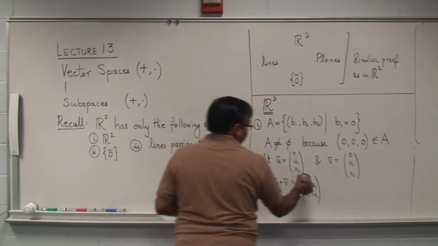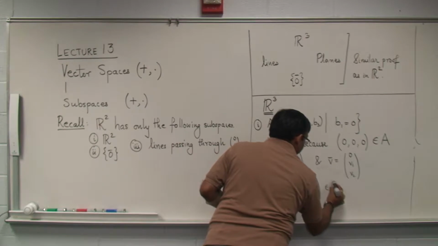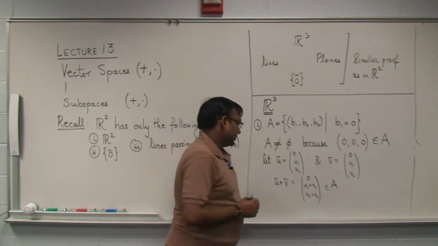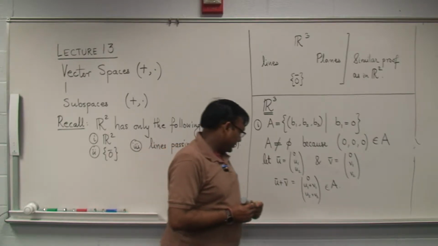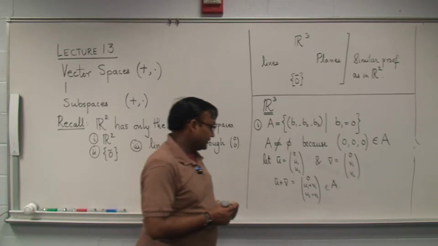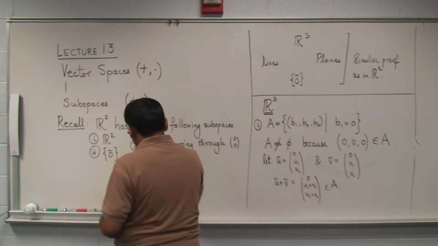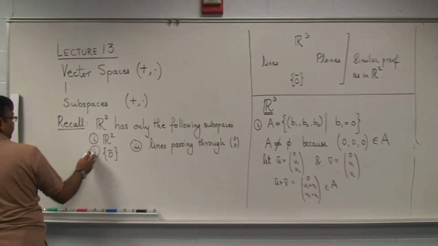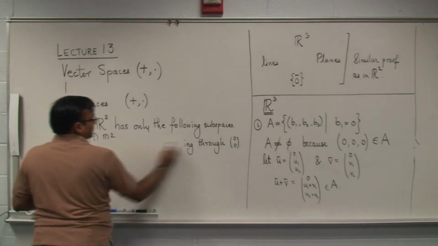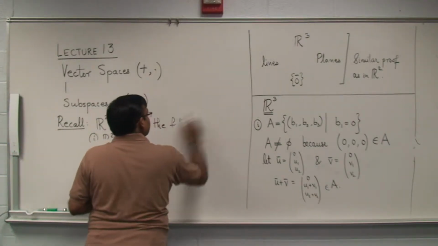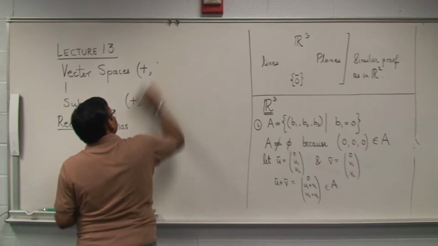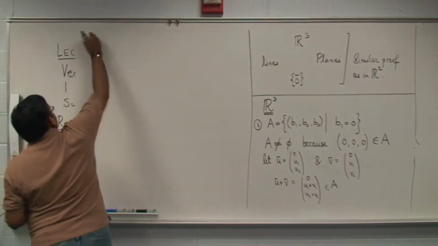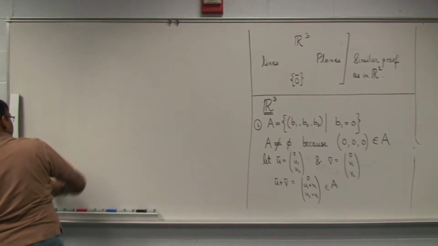As we can see, the first component is 0, so this definitely belongs to A. So it is closed under the operation of addition. So we are one step closer to saying that it is a subspace. Okay, so let's see if it is really a subspace or not. We have to talk about whether it is closed under multiplication by a scalar.